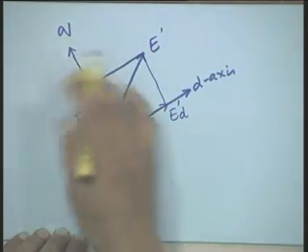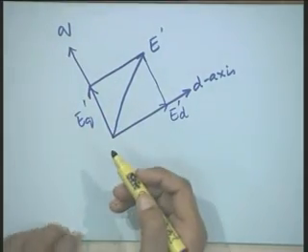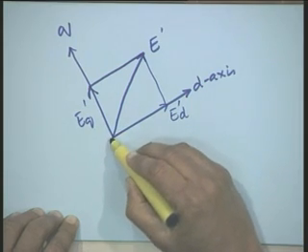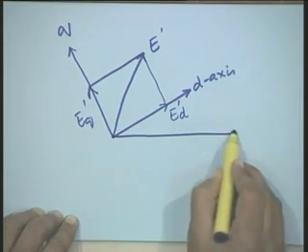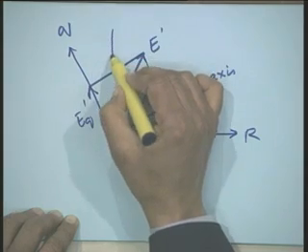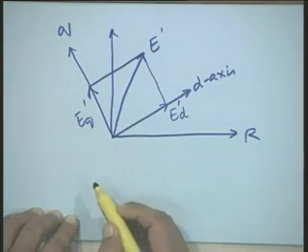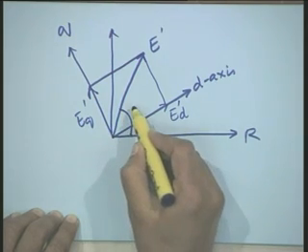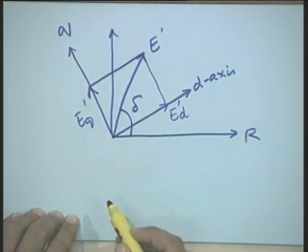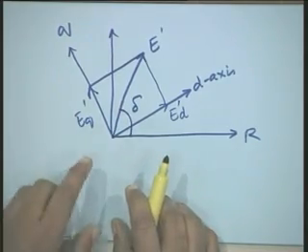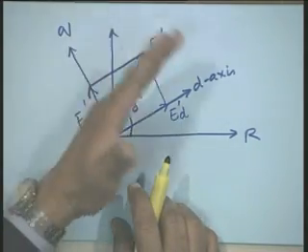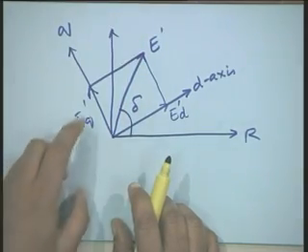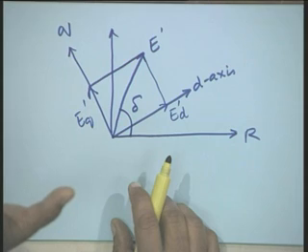Let us say that the reference axis is shown somewhere here, this is R and I, these are our reference axes, and we measure the angle with respect to the reference axis. This angle is measured as delta. You can easily see that so far as this E prime is concerned, the magnitude of E prime is constant and its position with respect to the q axis is fixed.